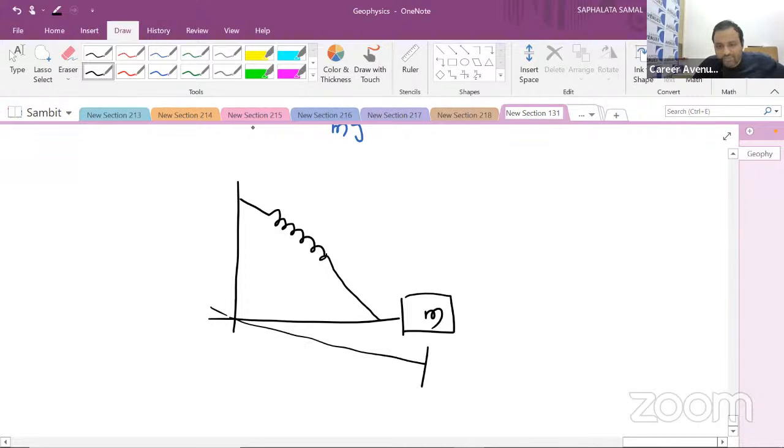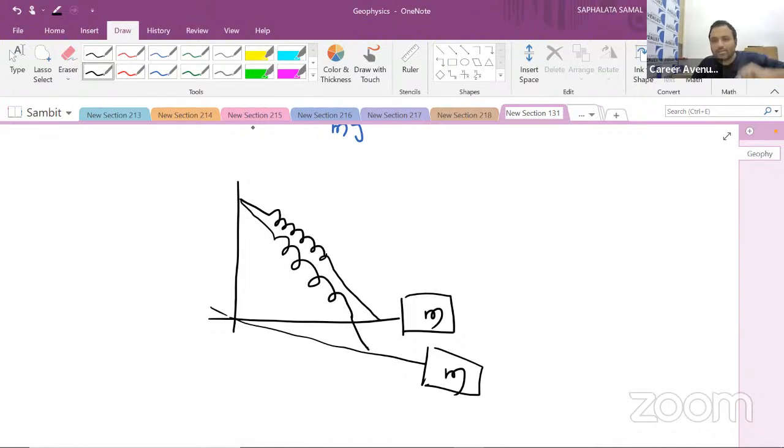This mass will move downwards if the g value increases, because it will experience more force. What will happen to the spring? The spring will increase in length like this. And from this, I can find out the change in gravity over here.